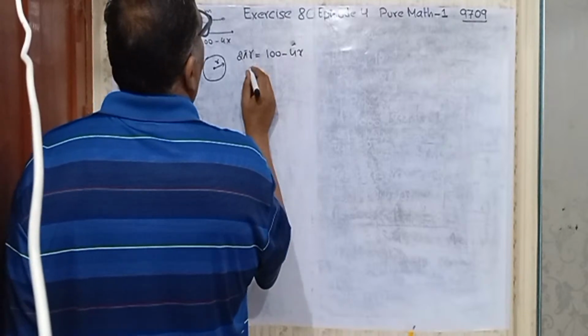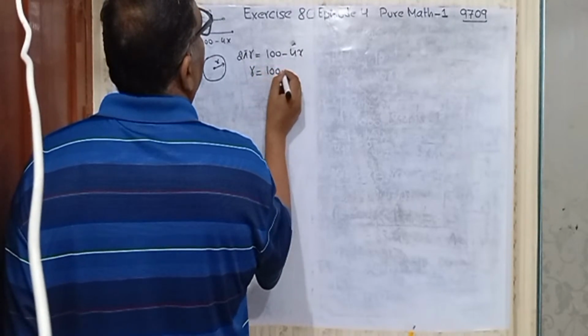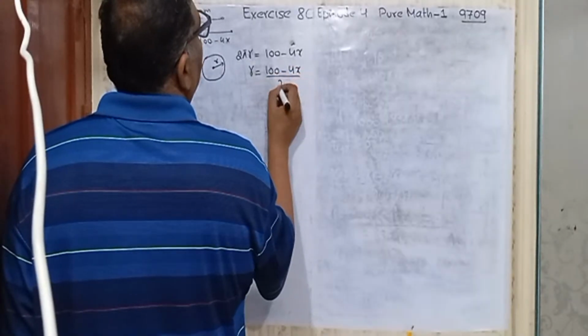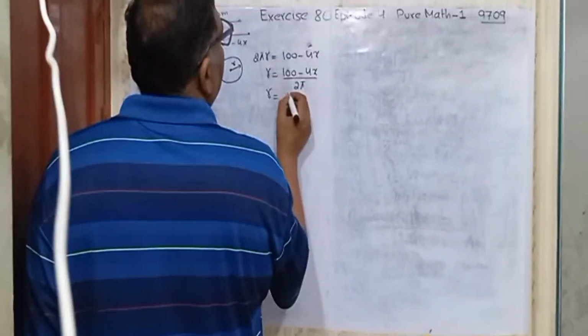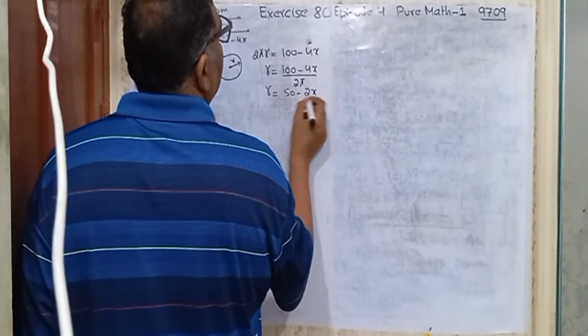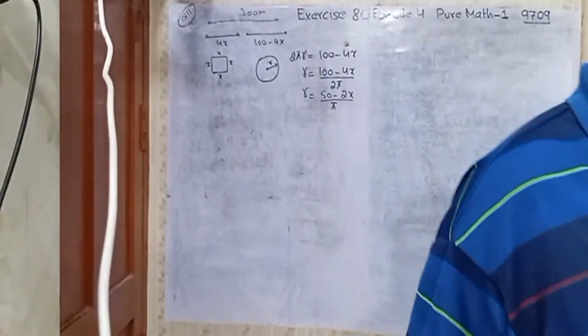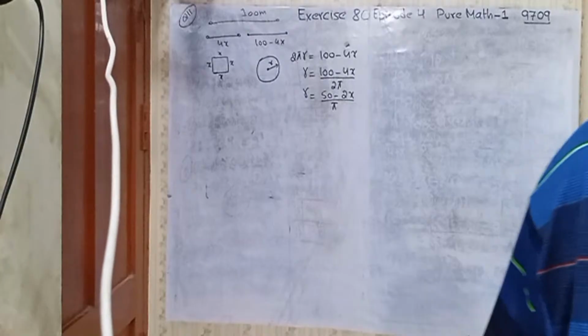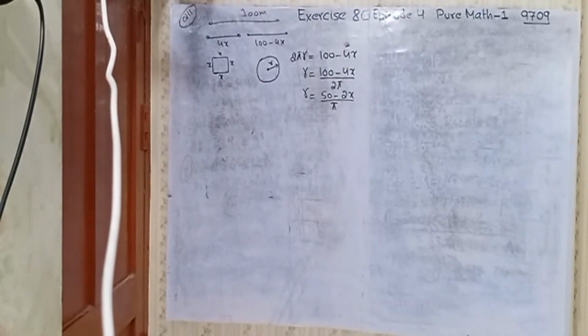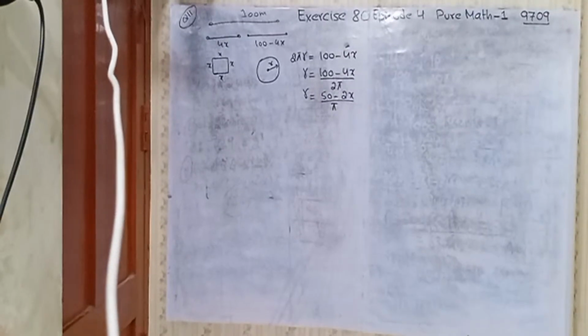So I can say that the radius will be 100 minus 4x divided by 2 pi. So it will be 50 minus 2x divided by pi. The perimeter of that circle will be equal to the remaining portion of the wire. Then the question is to express r in terms of x, which I have done. So 50 minus 2x divided by pi, that is how you represent r.